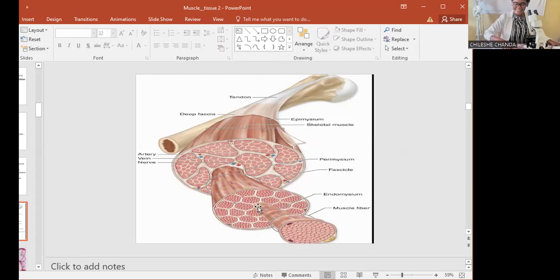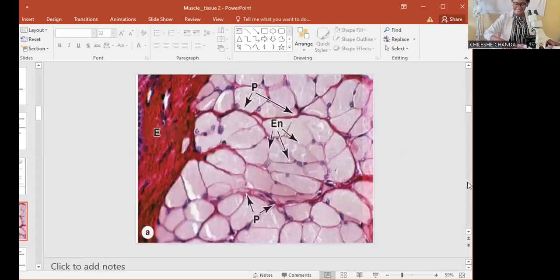That connective tissue, which is the most external, is known as the epimysium. And once the epimysium covers everything, now this is the skeletal muscle, and you have your biceps. These are your biceps muscles. So that is the arrangement of the muscle tissue.